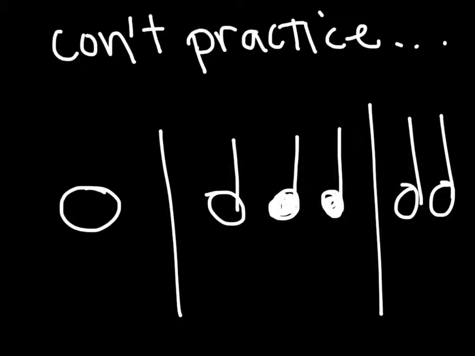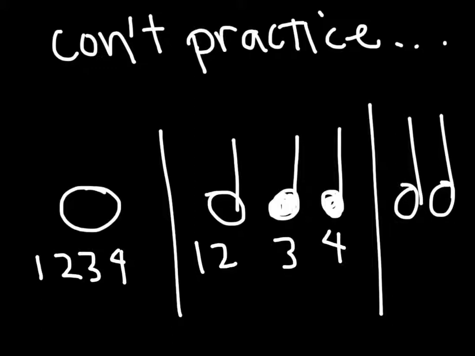So we would have 1, 2, 3, 4. 1, 2 for that half note, and then 3, 4, 1, 2, and then the last half note 3 and 4. Now, if we were to tap this, this is what it would sound like.